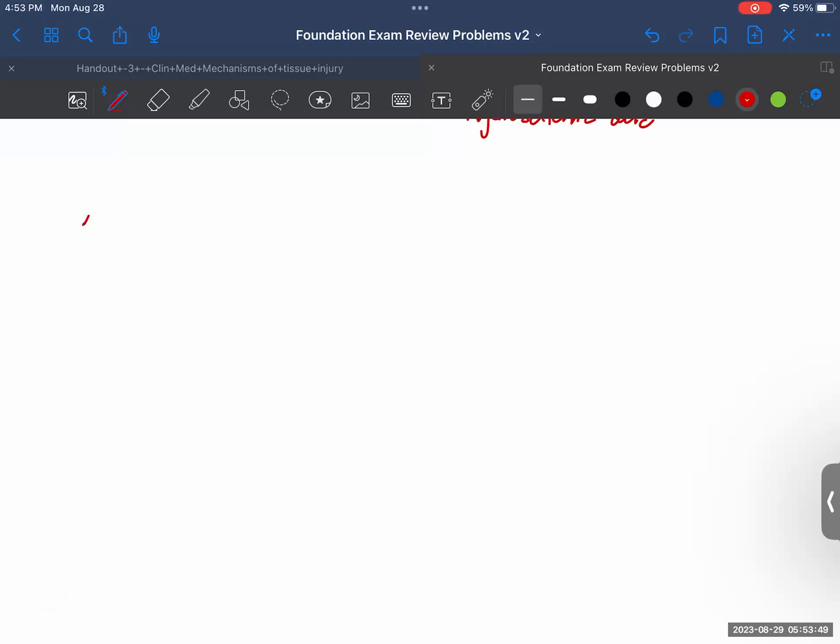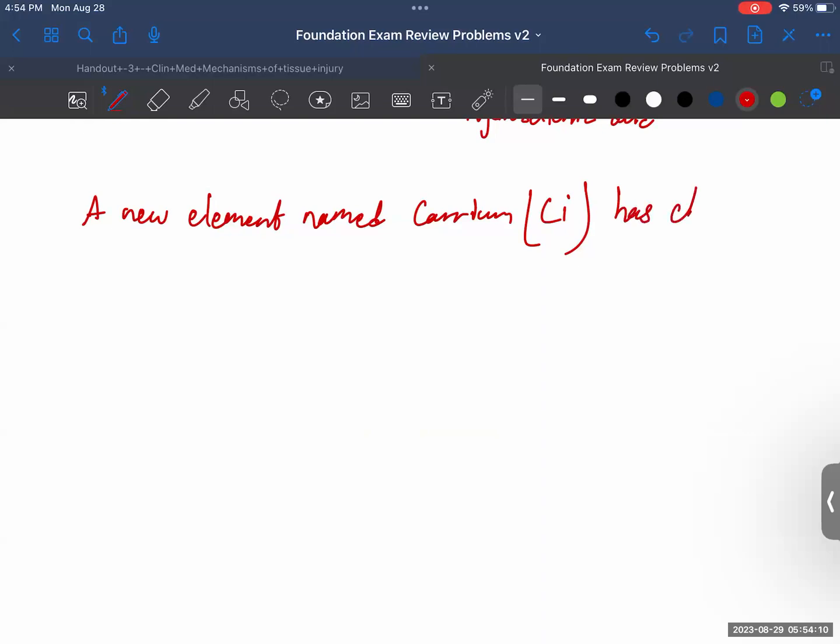A new element named carium, C-A-R-I-U-M, and symbol is Ci, has chemical properties similar to sulfur.